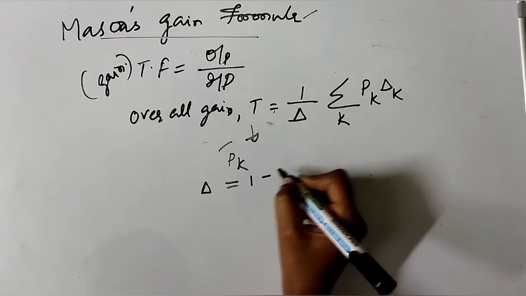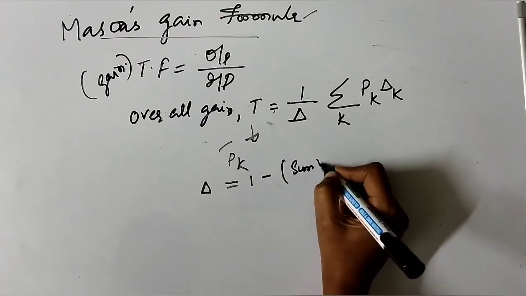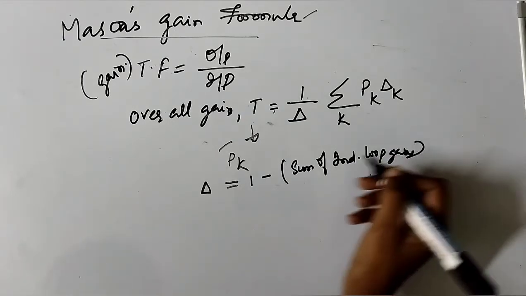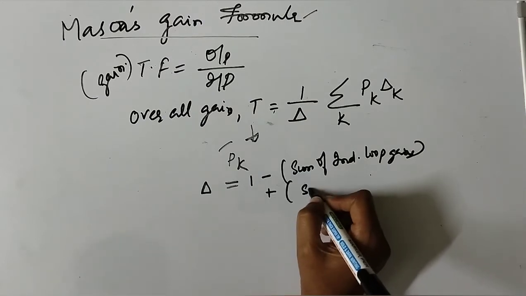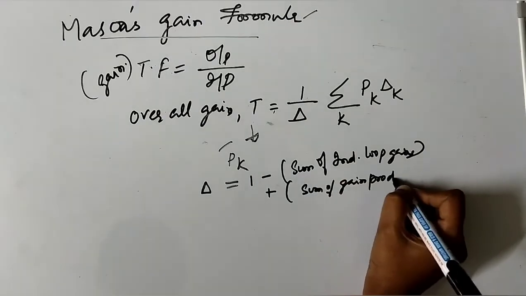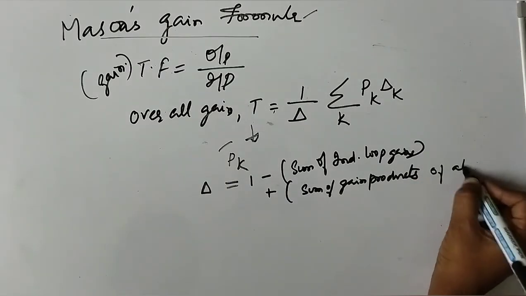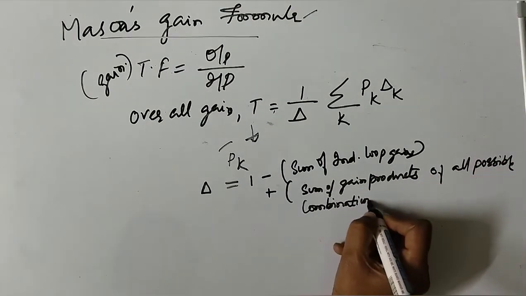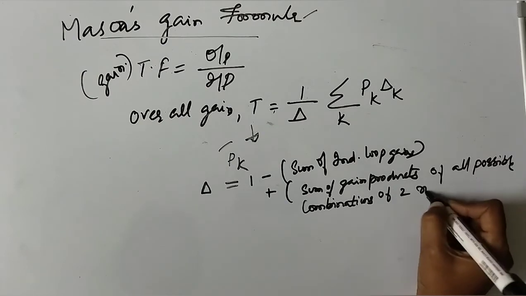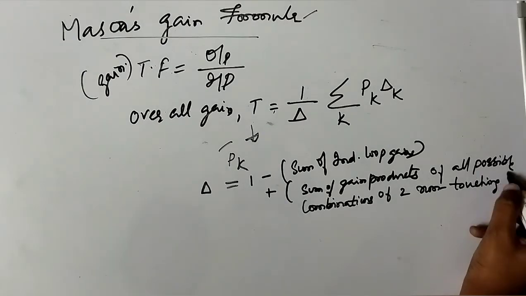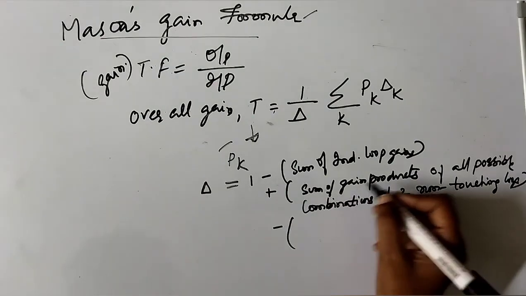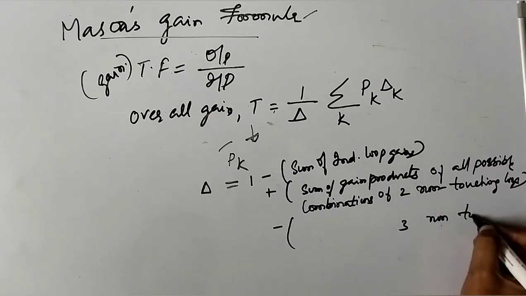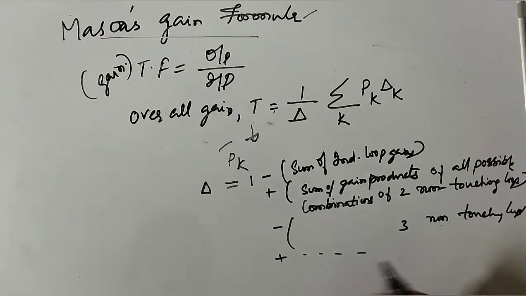Delta is 1 minus the sum of individual loop gains, plus the sum of gain products of all possible combinations of two non-touching loops, minus the sum of gain products of all possible combinations of three non-touching loops, plus and so on.